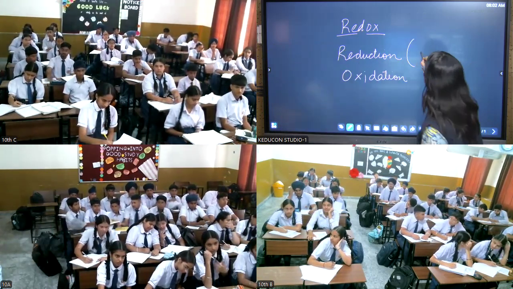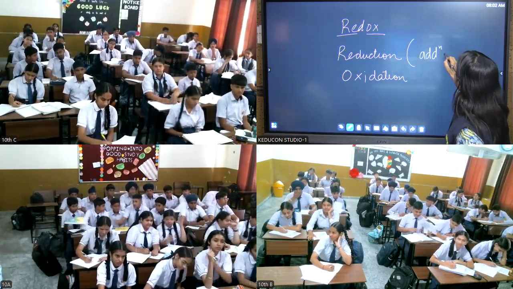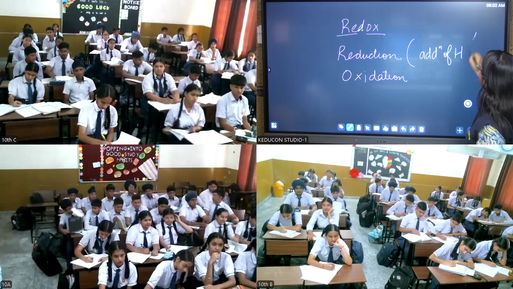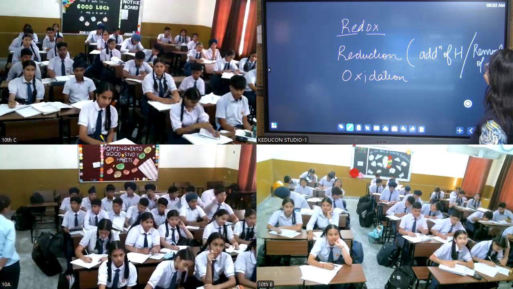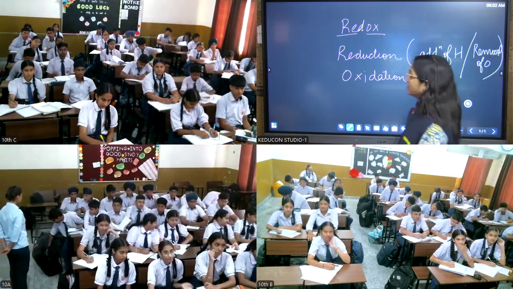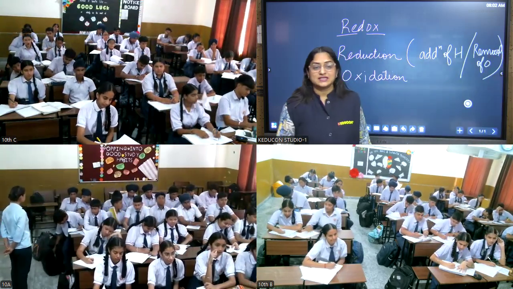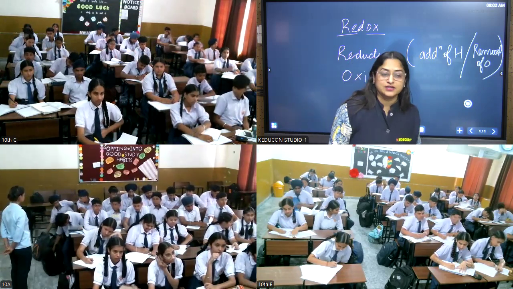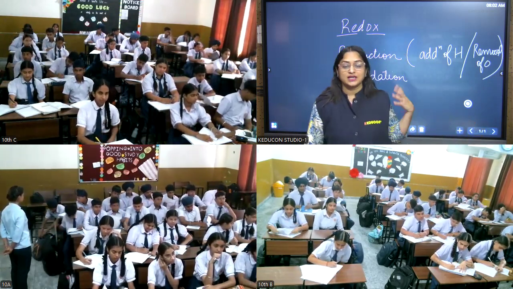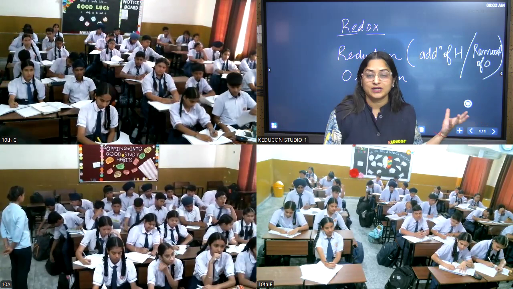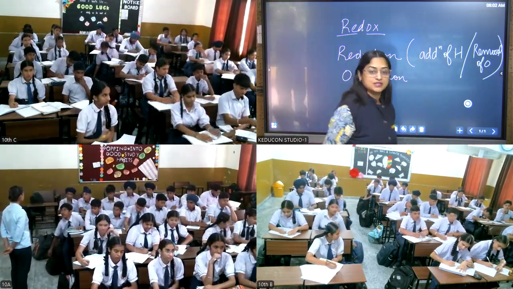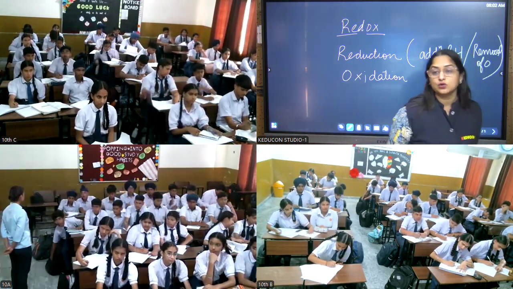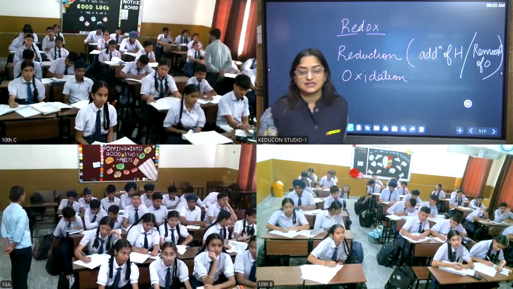Reduction means addition of hydrogen or removal of oxygen. Instead of hydrogen there can be some other electropositive element. Electropositive elements carry positive charge, like sodium and potassium. And instead of oxygen there can be some other electronegative element, like chlorine, which carries negative charge.